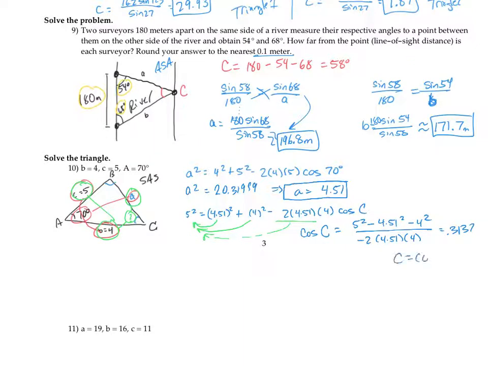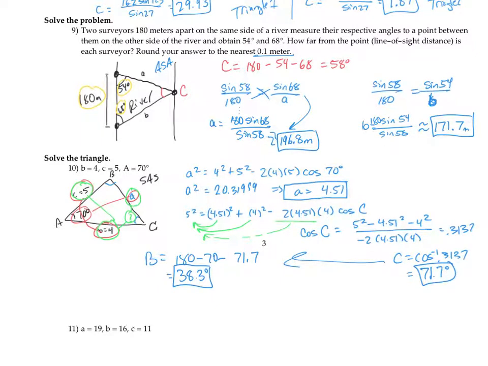So C is cosine inverse of 0.3137, or the angle 71.7 degrees. And then from there I can come back over and do that capital B is 180 minus 70 minus the 71.7, which gives me 38.3 degrees. And now I've solved a side-angle-side triangle.